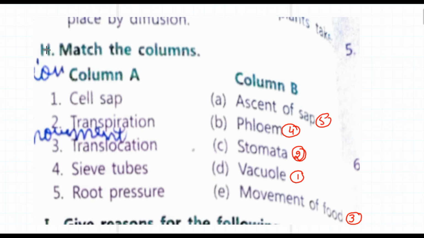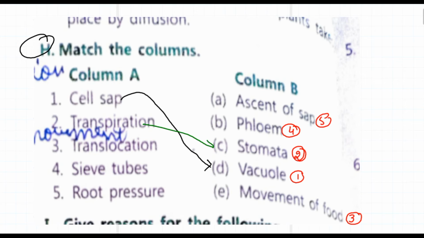So next question is match the columns. Column A with column B. Cell sap. Cell sap is in the vacuoles. So it is vacuoles. Although I have already written the numbers here, you can take this. Transpiration, I have earlier told, is through stomata, right?